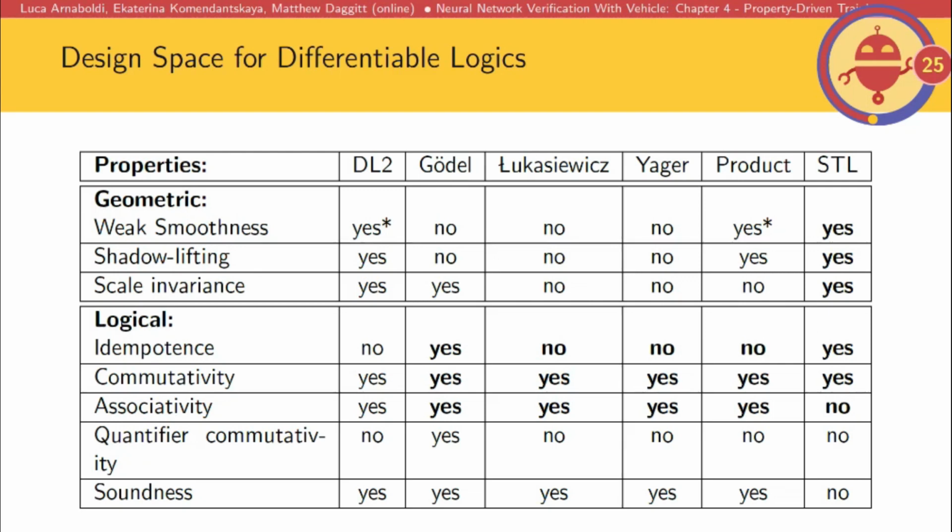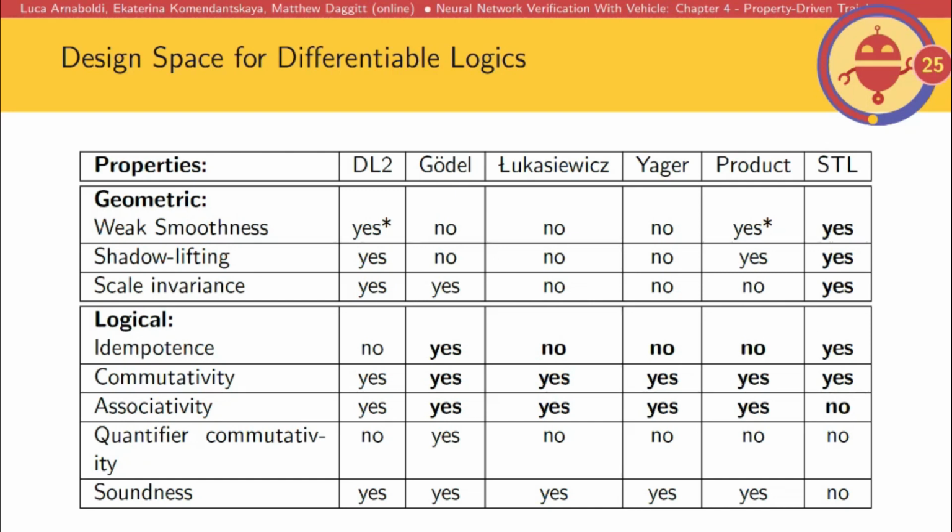So on the top here, you see some of the logics that were proposed in the literature. And they can have geometric and logical properties. For geometric, for example, smoothness. Shadow lifting is a form of monotonicity. So if you increase the value of one conjunct, the whole conjunction should be increased in the value, something like this. And some of them have those properties holding or not. And then there are some logical ones like idempotence, commutativity, and even soundness.